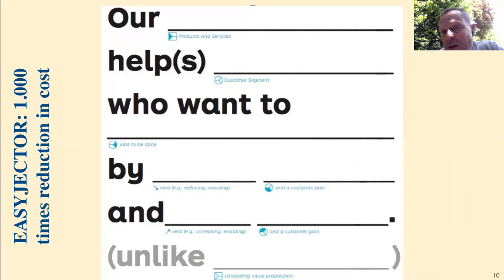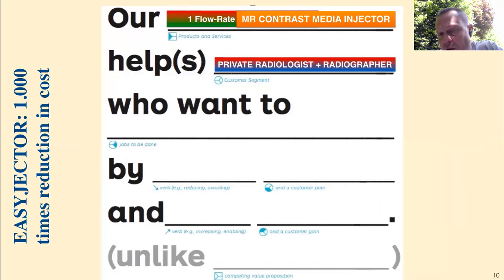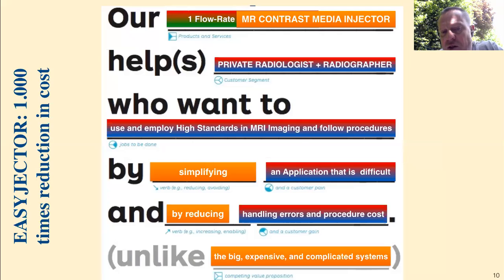Now, when you have done that, you can always pick the most important part of each of these segments and create what we call an elevator pitch. You take the most important one from the products and services side, in this case, one flow rate MRI, and the customer segment, which we defined as private radiologist, and you just plug this into this scheme.